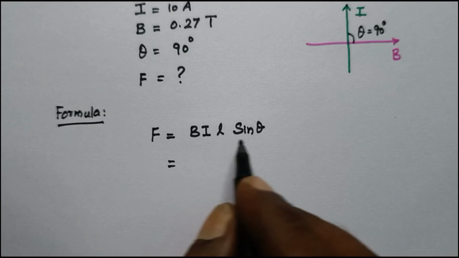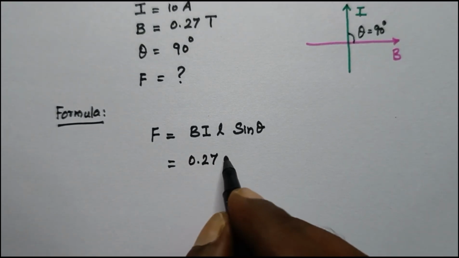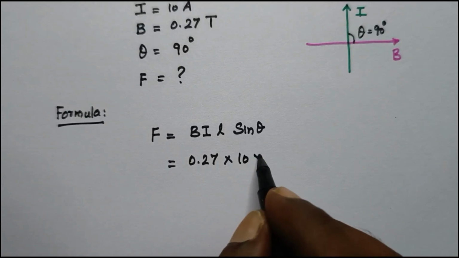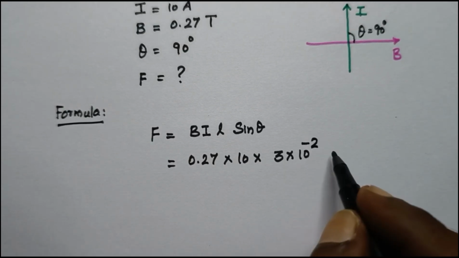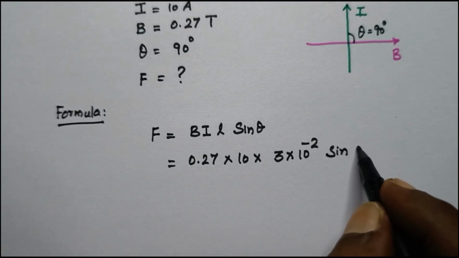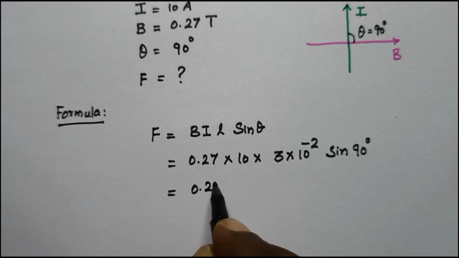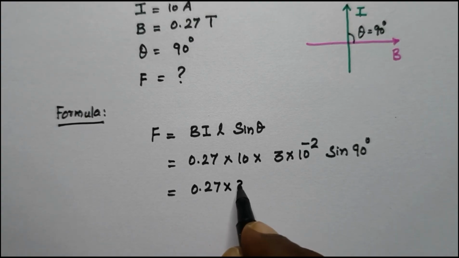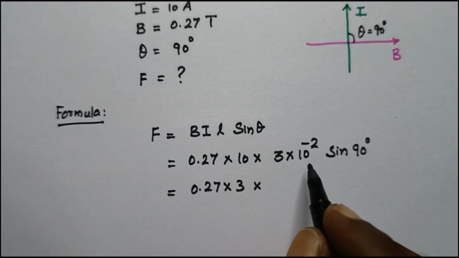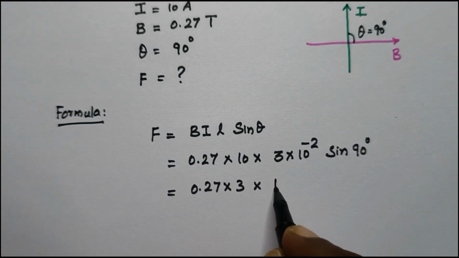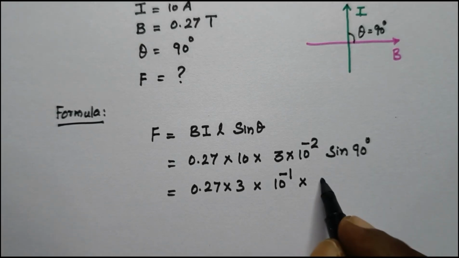Let us substitute all the values. B is 0.27, I is 10 ampere, L is 3 into 10 to the power minus 2, sin theta is sin 90 degree. This is equal to 0.27 into 3. Let us write the numericals first. Into 10 to the power 1 into 10 to the power minus 2 will give you 10 to the power minus 1 into sin 90 is 1.